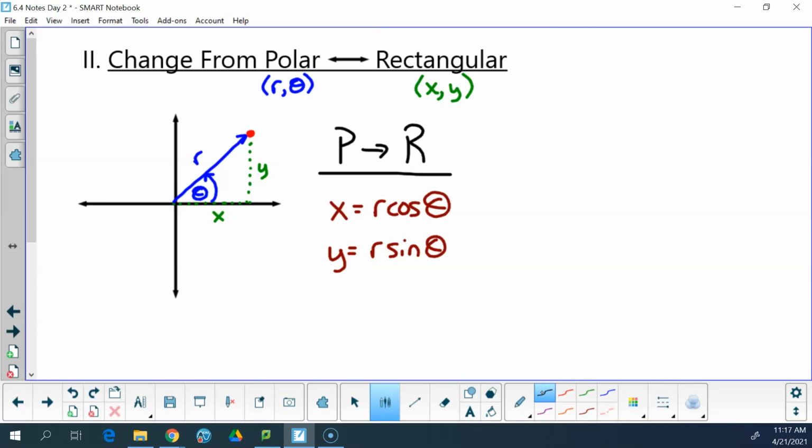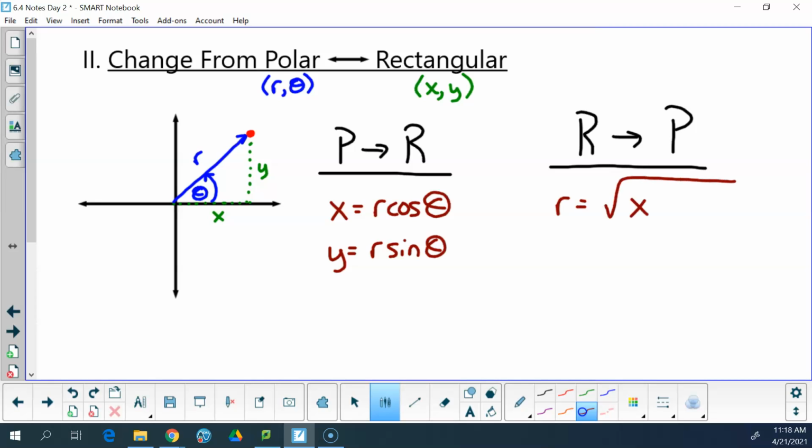Rectangular to polar is a little more involved. But it's nothing that you haven't seen this year already. It's vector math again. The r value is going to be the square root of the x part squared plus the y part squared. That's going to give you your r value. Your angle is actually going to be your reference angle.